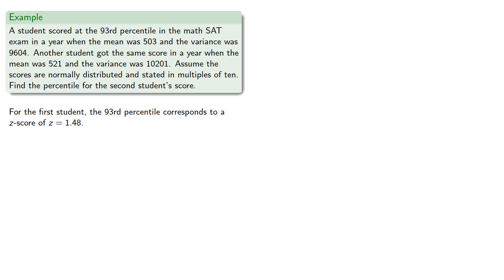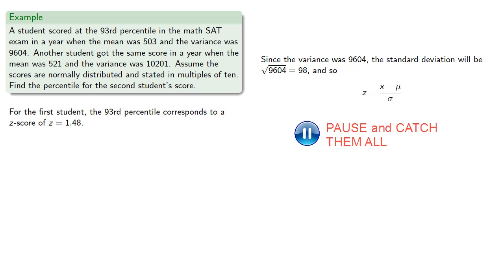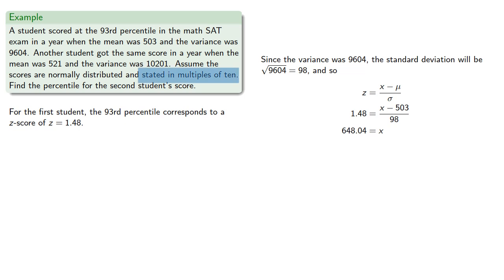And now that we know the z-score and the variance, remember the standard deviation is the square root of the variance, we can substitute these in to find our actual score. And since the score is reported to a multiple of 10, this gives us a score of 650.